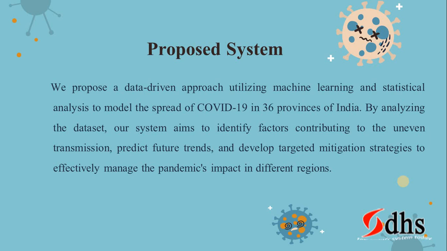The proposed system: we propose a data-driven approach utilizing machine learning and statistical analysis to model the spread of COVID-19 in 36 provinces of India. By analyzing the dataset, our system aims to identify factors contributing to the unseen transmission, predict future trends, and develop targeted mitigation strategies to effectively manage the pandemic's impact in different regions.